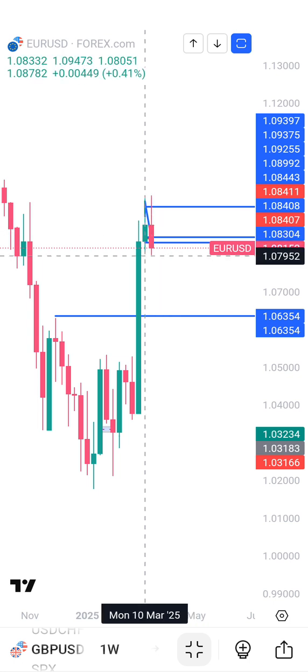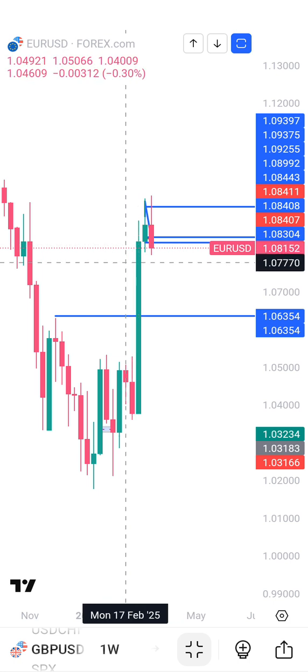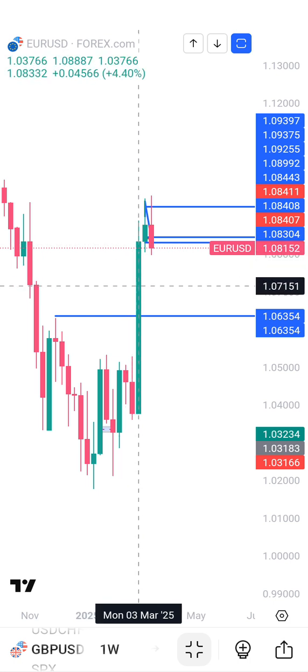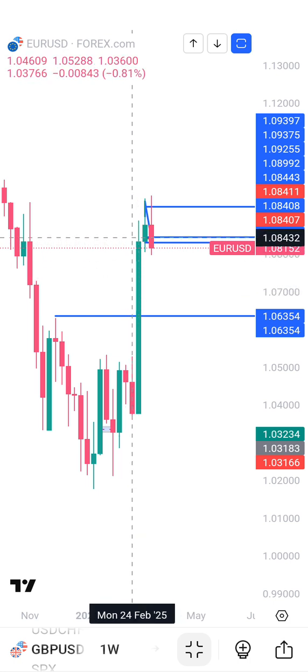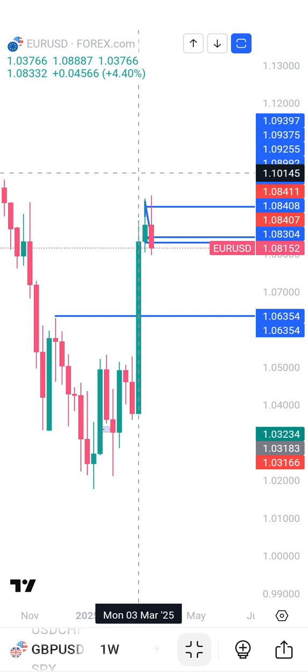We want price to trade deeper here, to hit about 50% of the last three weeks' range and push down.